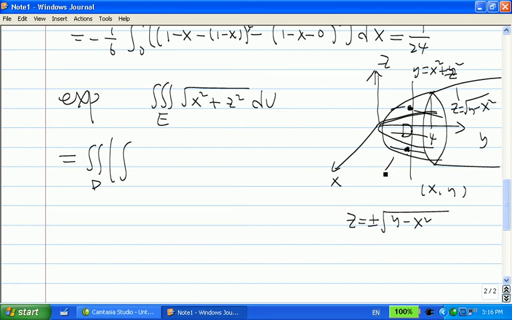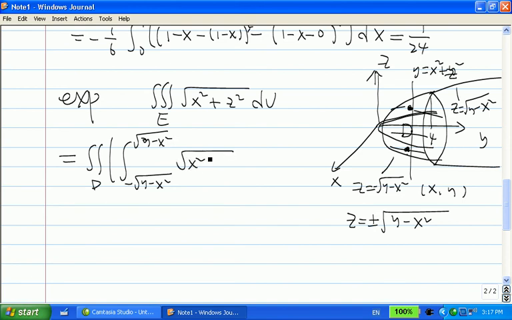If you take the positive sign, you get the top surface, z equals square root of y minus x squared. If you take the bottom part, z equals negative square root of y minus x squared. So the bottom surface is negative square root of y minus x squared, and the top one is square root of y minus x squared.